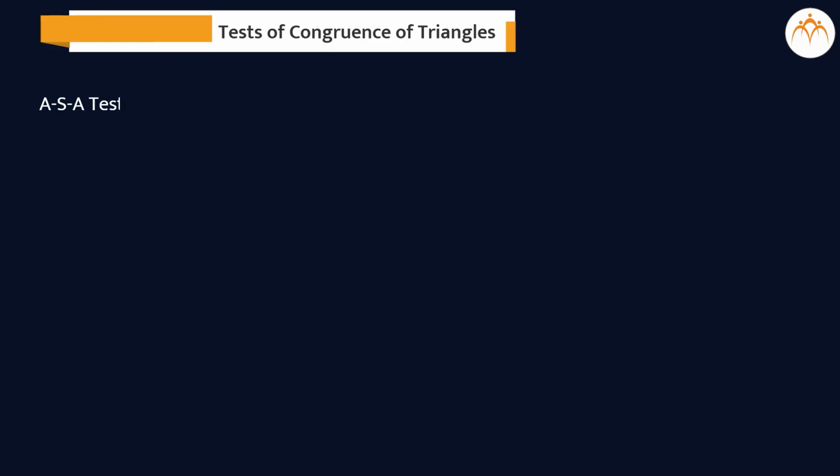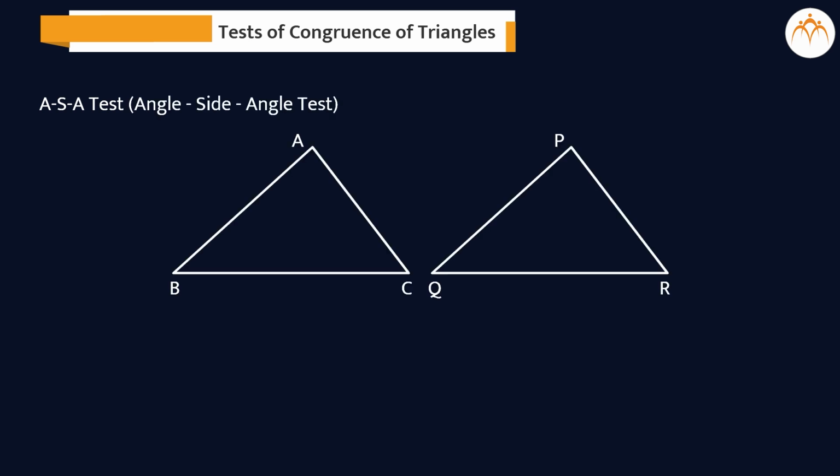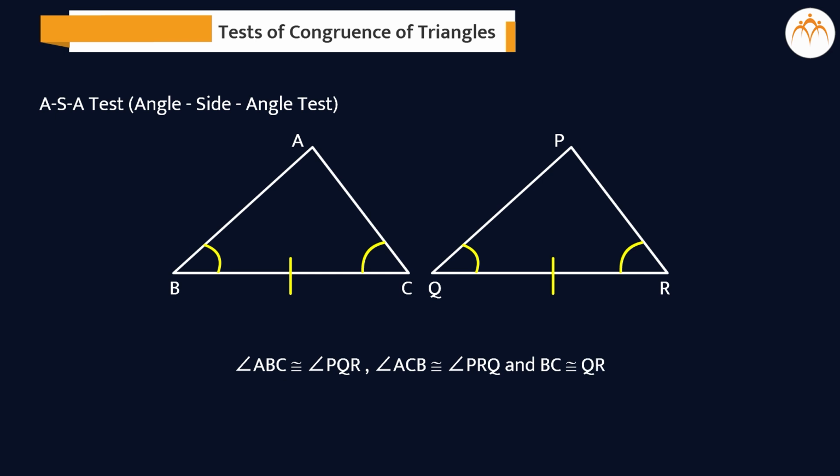Third, ASA test, that is angle side angle test. Observe these figures. In triangle ABC and triangle PQR, angle ABC is congruent to angle PQR, angle ACB is congruent to angle PRQ, and BC is congruent to QR, meaning two angles and the included side of triangle ABC are congruent to two angles and the included side of triangle PQR with 1-to-1 correspondence.